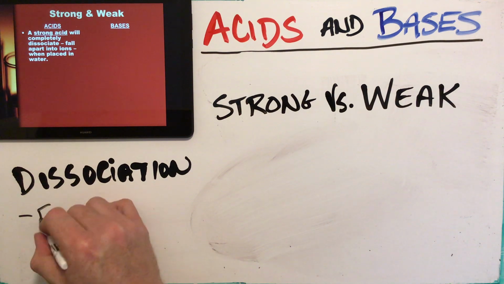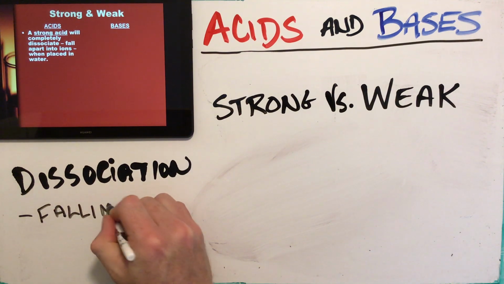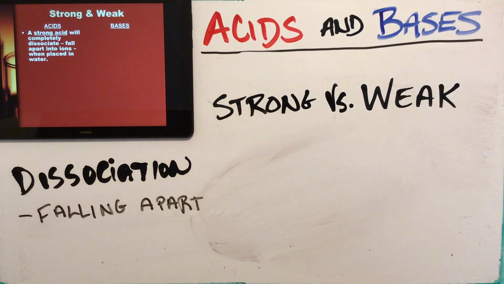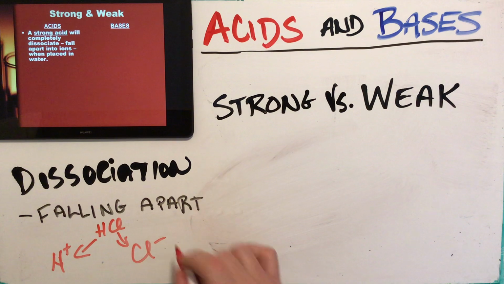Dissociation is basically falling apart. Right? We just looked at it with the hydrochloric acid. With the hydrochloric acid, if I drop that in water, it does this. The H pluses will separate from the Cl minuses. Right?